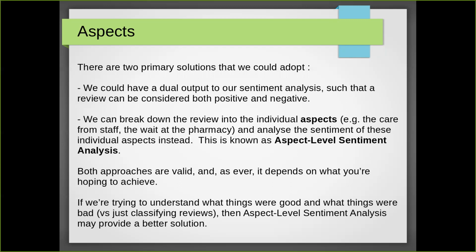And rather than looking at the review as a whole, we can break it down into those aspects and then analyze the sentiment of those individual aspects instead. And this is something known as aspect level sentiment analysis, which is a slightly newer area of sentiment analysis. As I say, both areas are valid, depends on what you want to do, but typically for the kind of problems you'll be looking at, I suspect the aspect level stuff will serve you better.